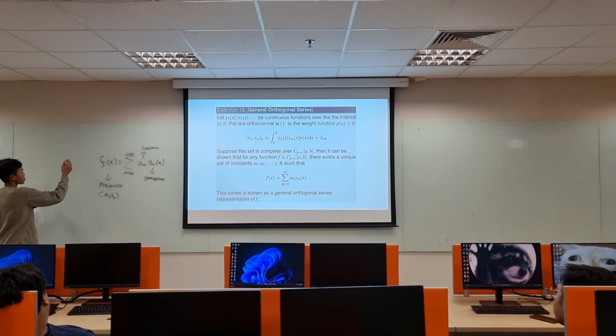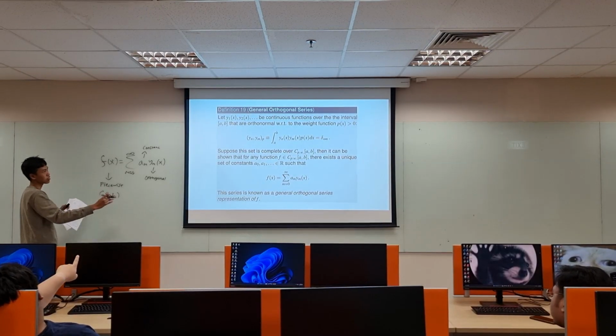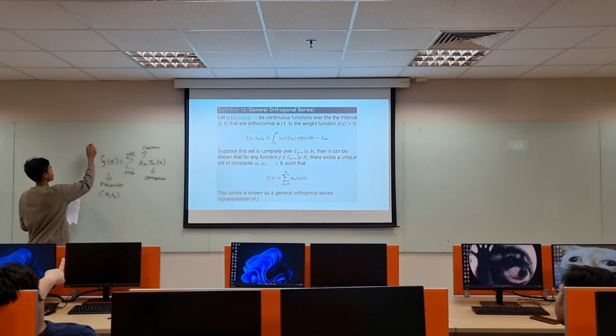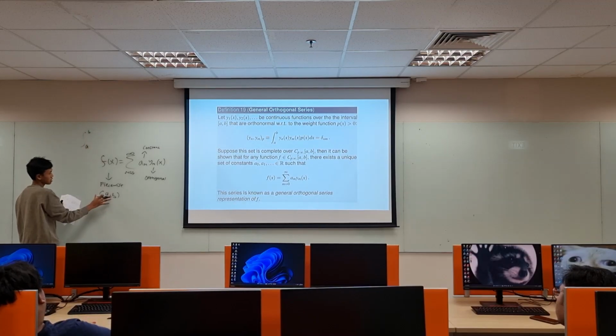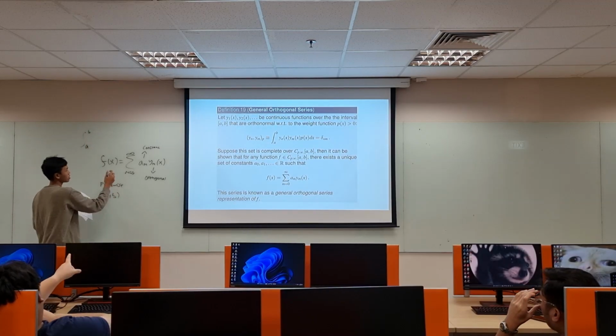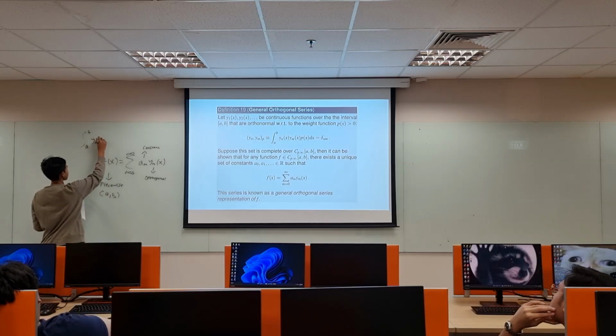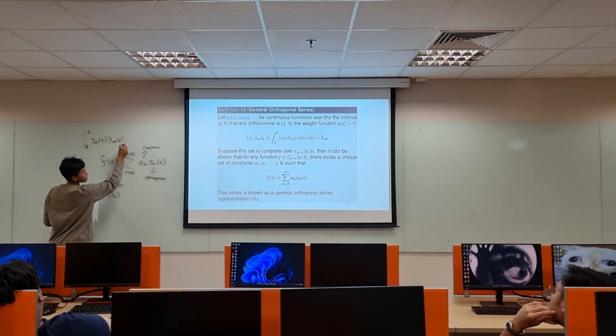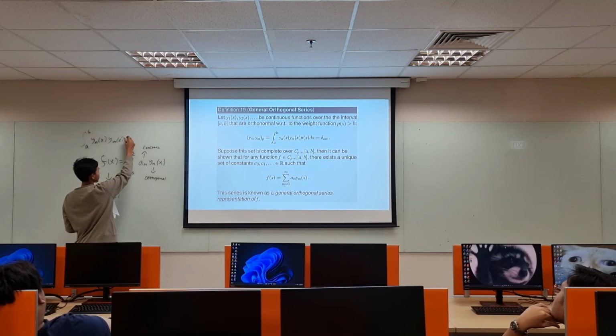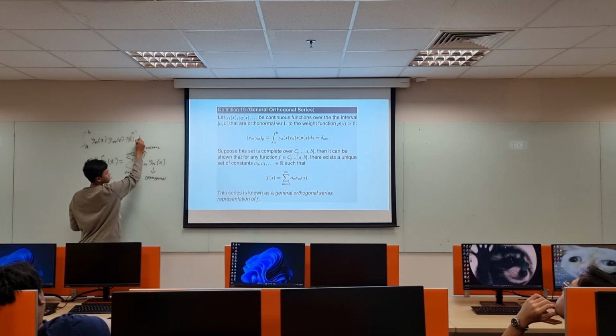We can prove the orthogonality of the generalized orthogonal series by integrating from a to b the product of y_n(x) and y_m(x) with a weight function p(x), which is usually 1.